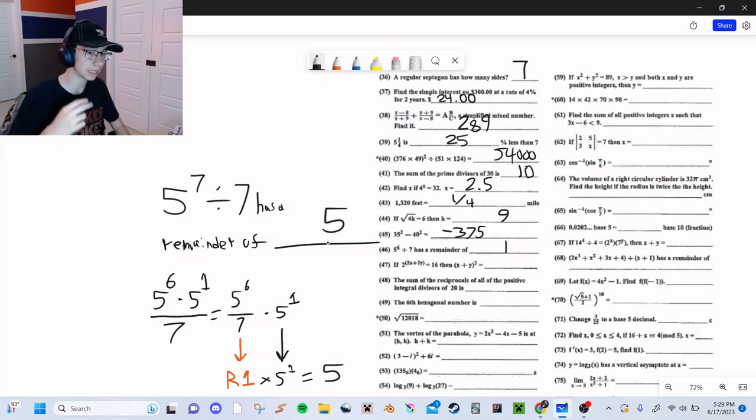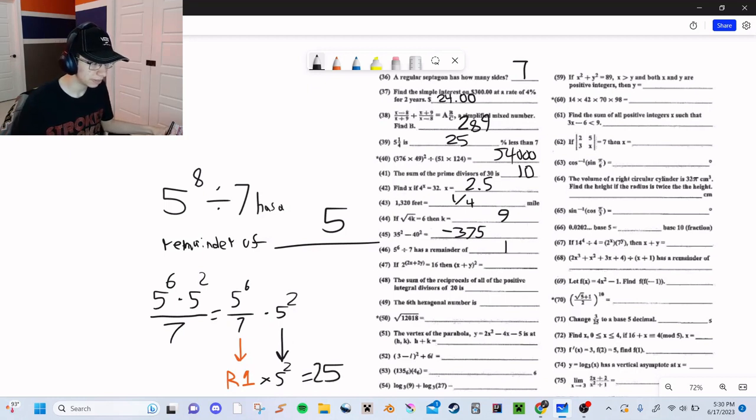Let's take it another step further. What if it asked 5 to the 8th? Well, then we're going to do the same idea here. I know that 5 to the 6th divided by 7 has a remainder of 1. And so I'm going to multiply that remainder of 1 by 5 squared, those extra 2 5's I still have lying around.